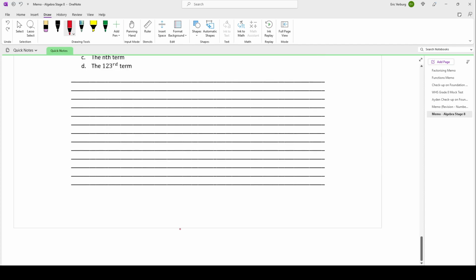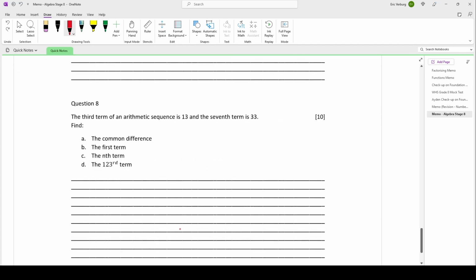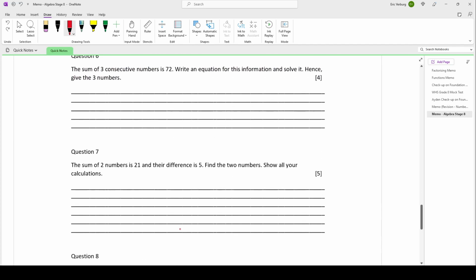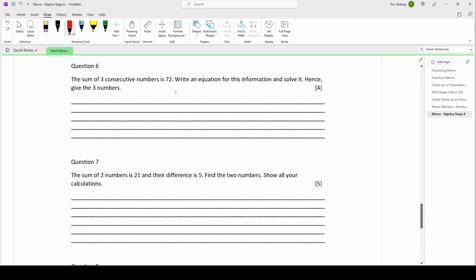Question 6. This is the last page. The sum of 3 consecutive numbers is 72. What does consecutive mean? Consecutive means follows directly on each other. I should have probably said three consecutive integers or 3 consecutive natural numbers, although consecutive would imply that anyway, because it is the thing that comes next.